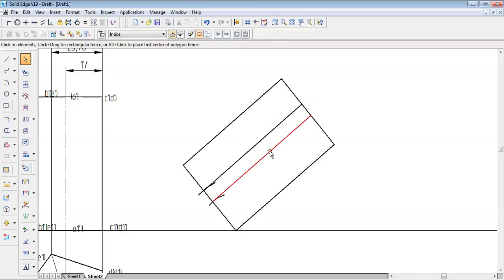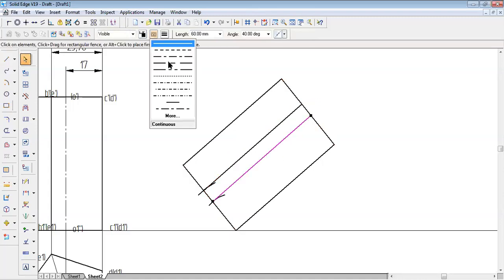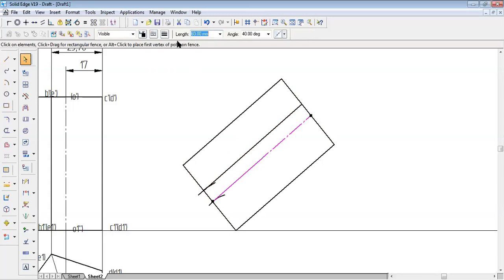so make this as a perpendicular line. So your axis line should be thin, and extend this line up to here. Okay, just delete these two lines.